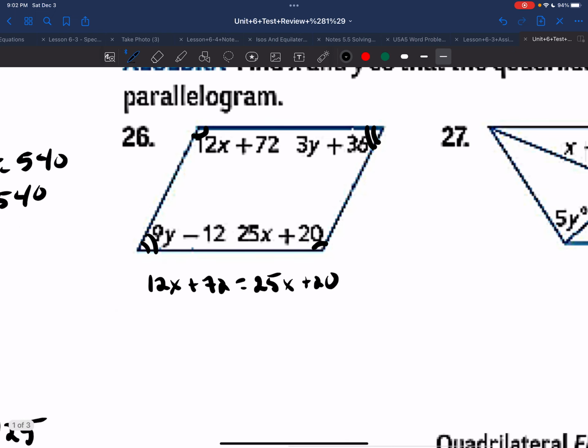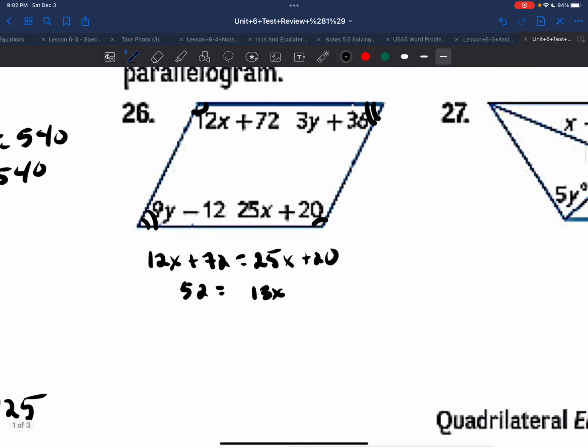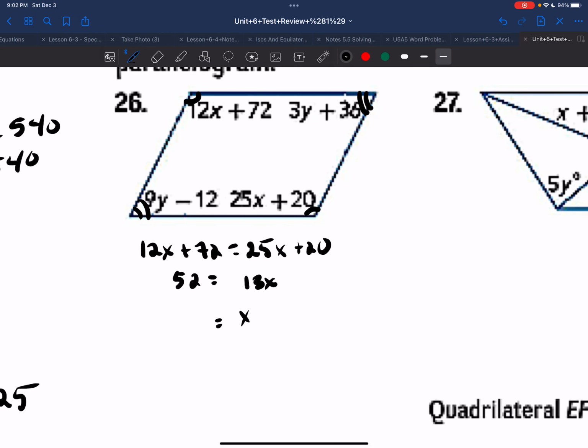So then what I'm going to do is combine the like terms and then get x on one side and the number on the other side. So x is going to equal, what is x going to equal? 4.